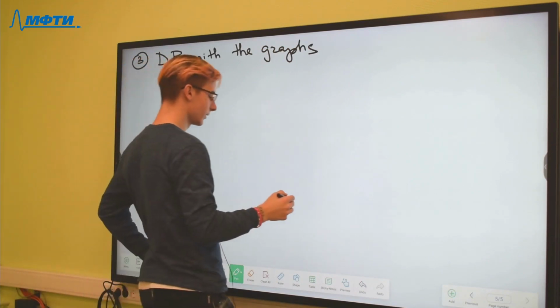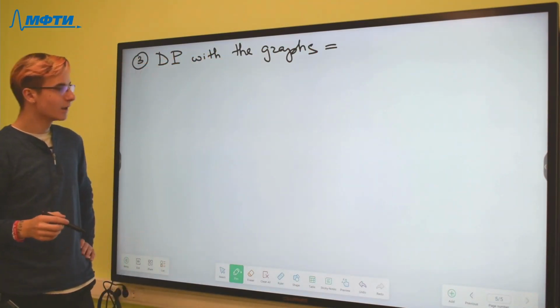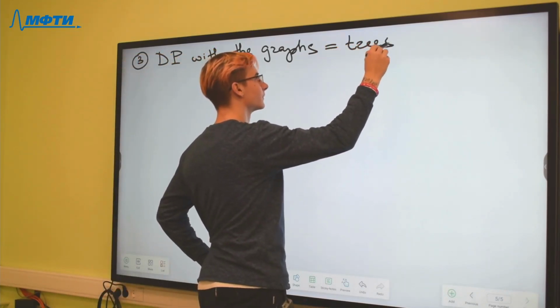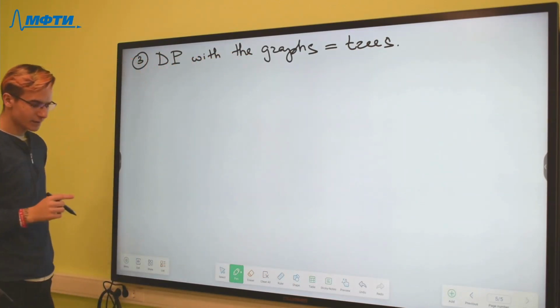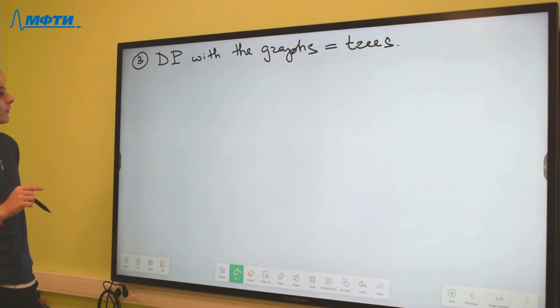And I think the graphs that we want to talk about today are trees. And there are different tasks connected with dynamic programming and trees.